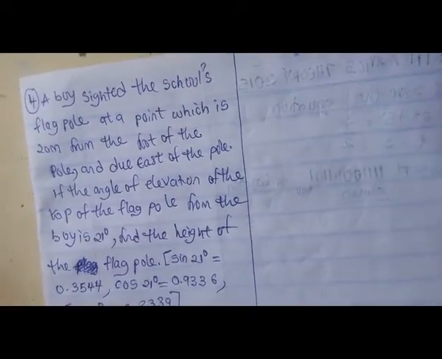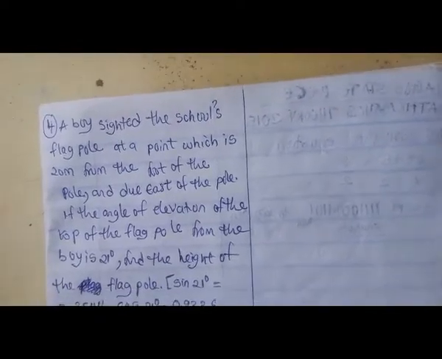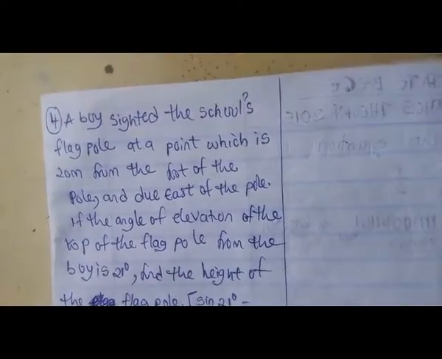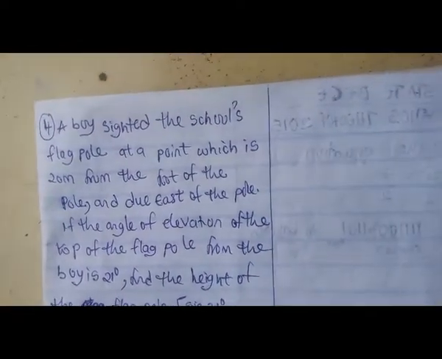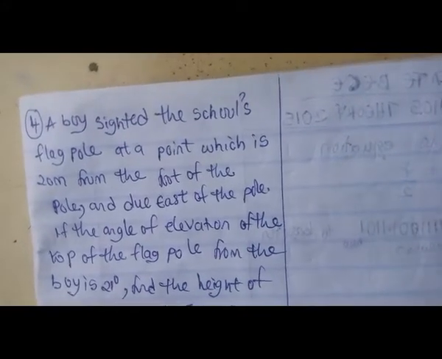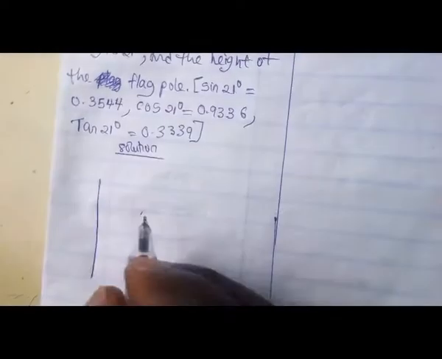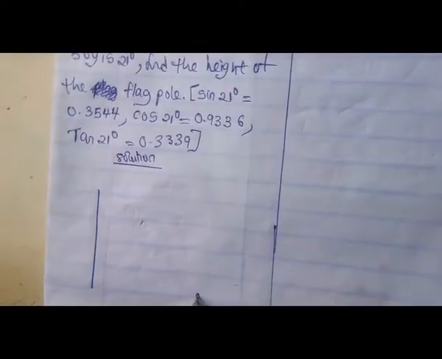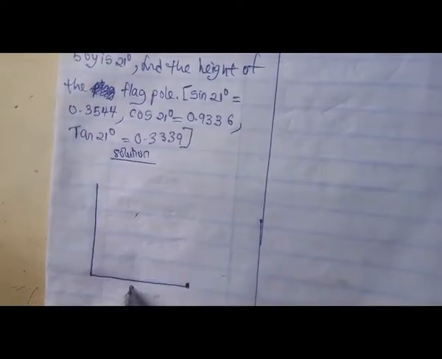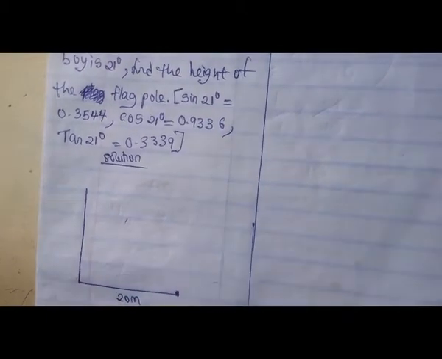The question says a boy sighted the school flagpole at a point which is 20 meters from the foot of the pole and due east of the pole. Let's say this is the pole, and a boy sighted the pole 20 meters due east.